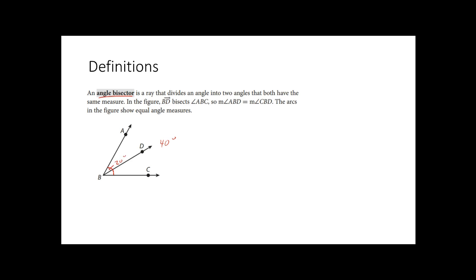So that little guy over there is 20, and this half over here is 20. It's straight down the middle, a perfect fold. These arcs in this figure are shown to have equal angle measurements. That's an angle bisector.